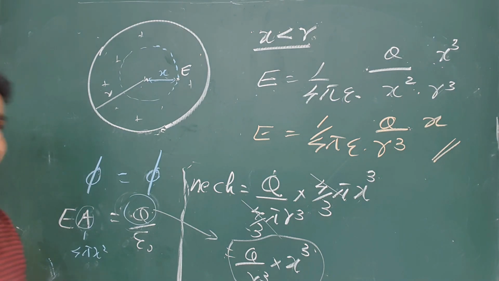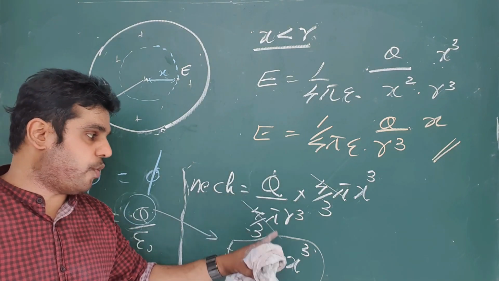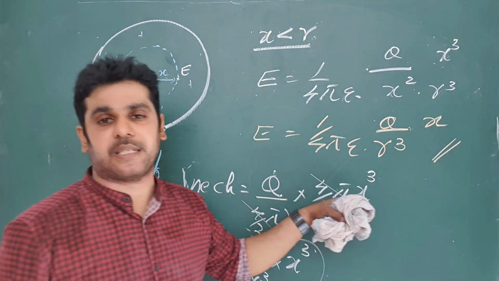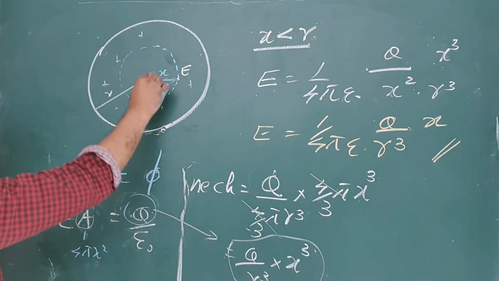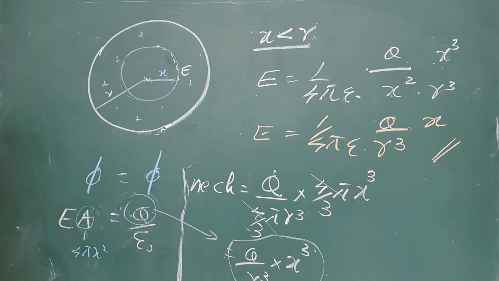Definitely they will give you a symmetrical object, so you better divide by the whole volume. Charge divided by whole volume represents charge per unit volume. Then multiply by the necessary volume, which means 4 divided by 3 pi x cube.